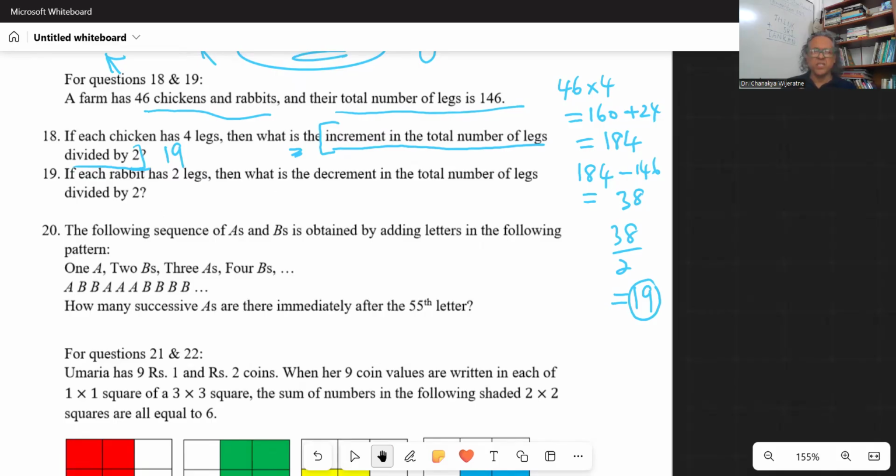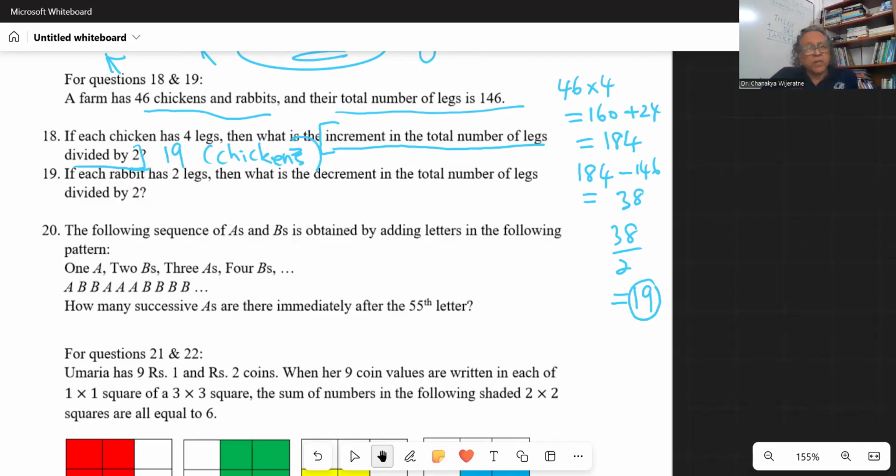We attached 2 legs to each chicken and got this extra number of legs from those chickens. When we divided by 2, we counted the number of chickens, and that is 19. So 19 chickens.